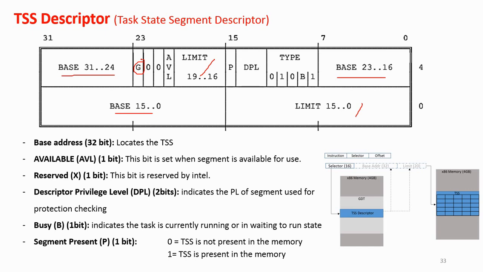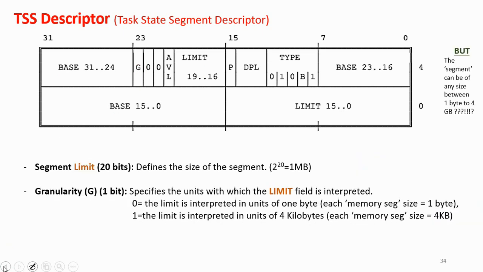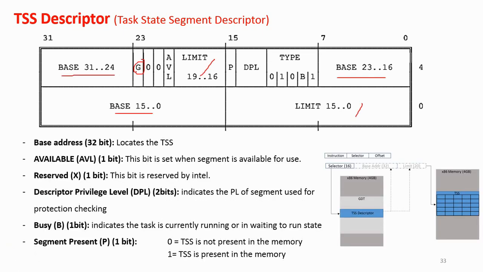If this bit is not set, then the limit field represents a segment size from 1 byte to 1MB. Means here if the G bit is 1, then 4GB of memory can be accessed. If the G bit is 0, then only 1MB of memory can be accessed. The discussion related to this we have done in previous lectures.